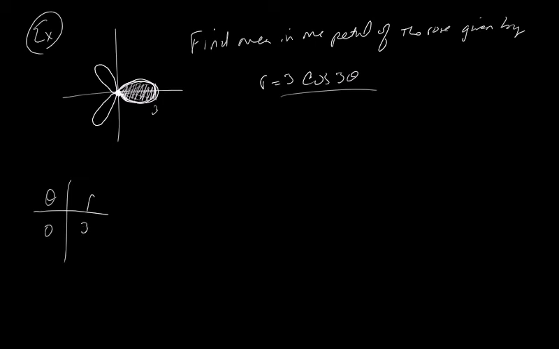So at theta equal to 0, I'm right here. This is the point (r, theta), so that's going to be (3, 0), because my angle is 0 there. This is my initial point right here, where I'm starting for theta equal to 0. So then the question is, when do I get back to the origin?